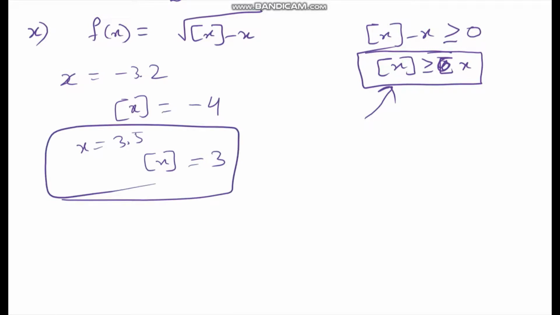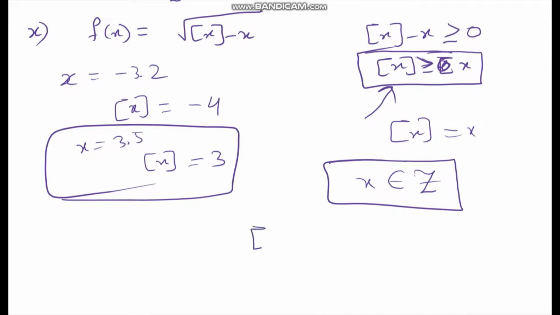So step x is never more than x. Step x can be equal to x only when x belongs to integer values. For all integer values, step x behaves as x, for all x belonging to Z. So this is the condition we have.